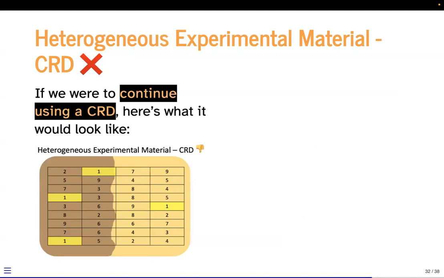This is just an example driving this idea. Let's say that I was able to fit 2 blocks in one soil type and the other 2 blocks in the other soil type. If we just keep our completely randomized design as before, I'm showing you different soil types, but still the same randomization for a completely randomized design.